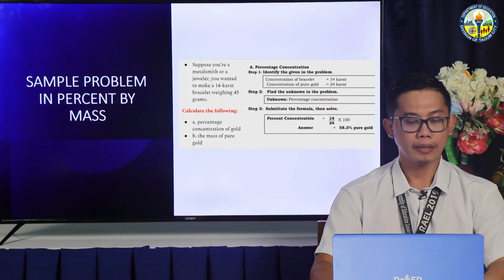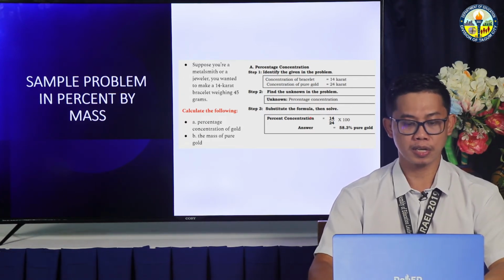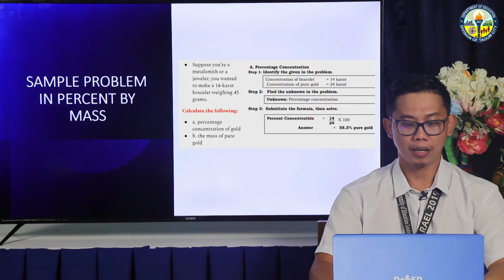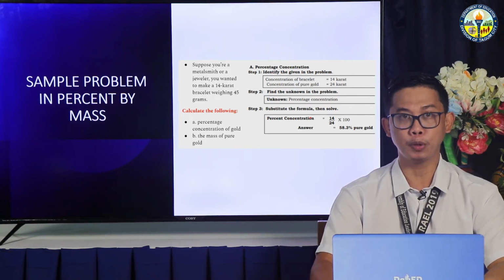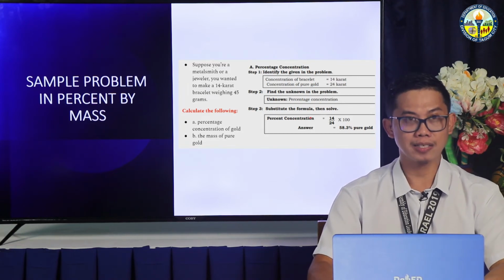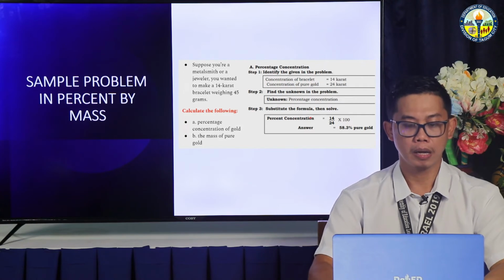Step 3. The mass of pure gold can be calculated using the ratio and proportions. 14K divided by 24K is equal to the mass of pure gold, which serves as the unknown, divided by 45 grams. So, we will now use the formula.